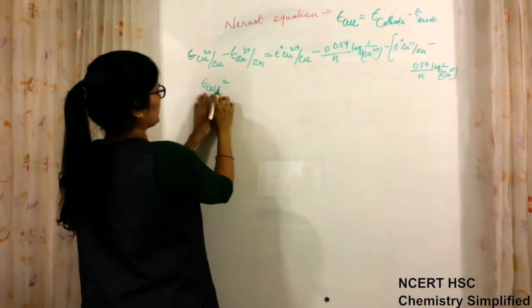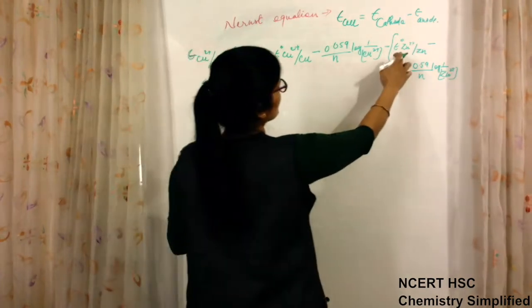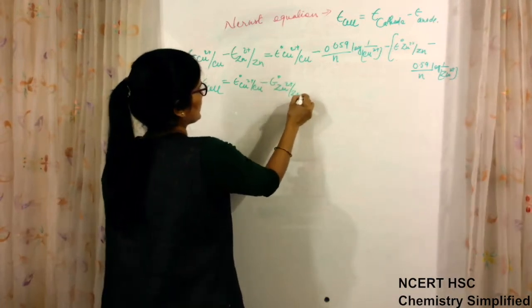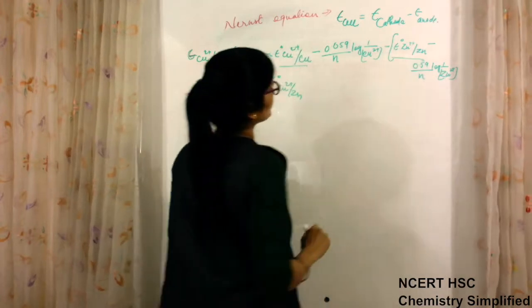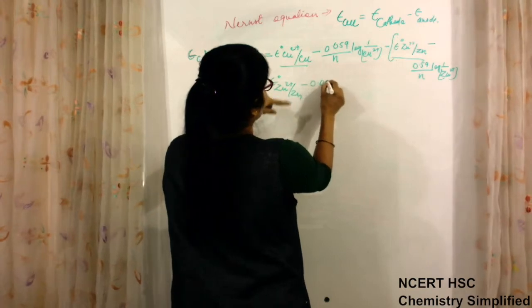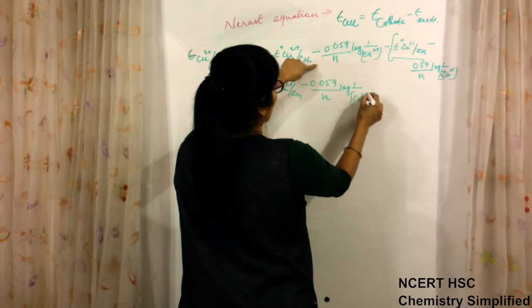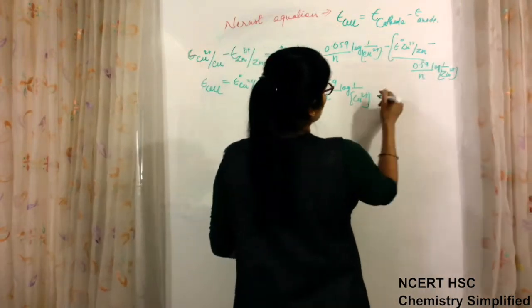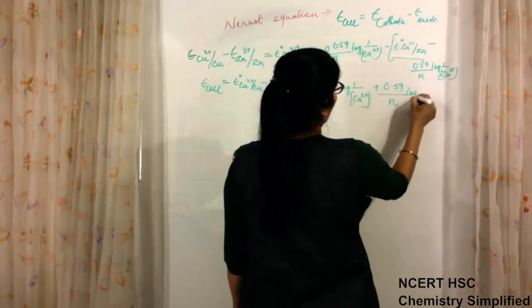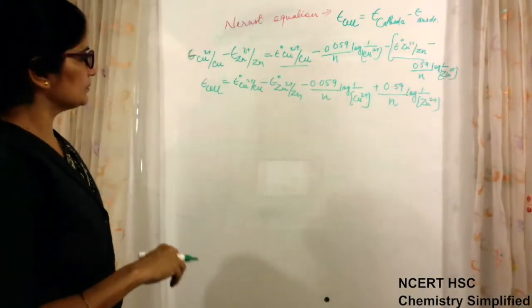Let it be E cell, then E standard Cu2 positive/Cu, this term I am bringing here, minus E standard Zn2 positive/Zn. This term and this term I brought here. Now minus 0.059 upon n log of 1 upon Cu2 positive. This minus becomes plus 0.059 upon n log of 1 upon Zn2 positive. This I have written.